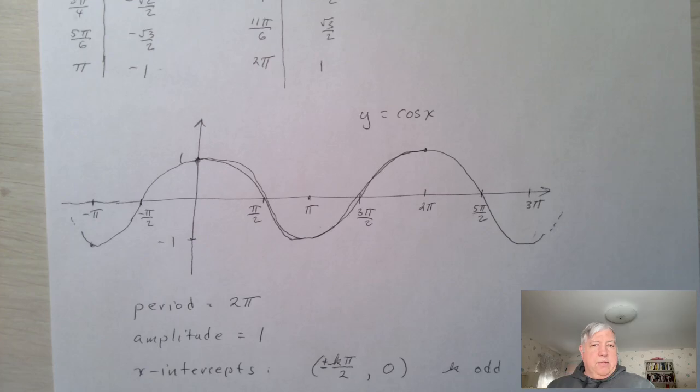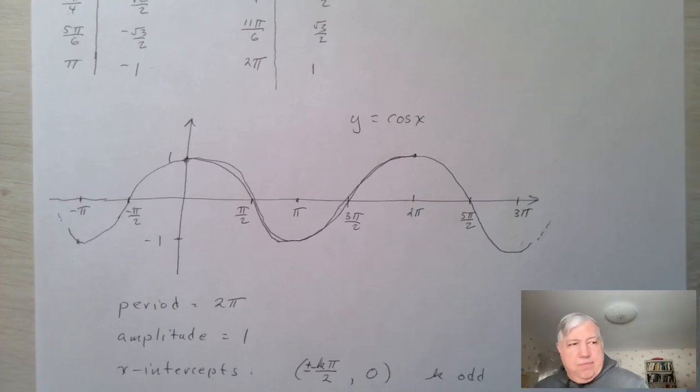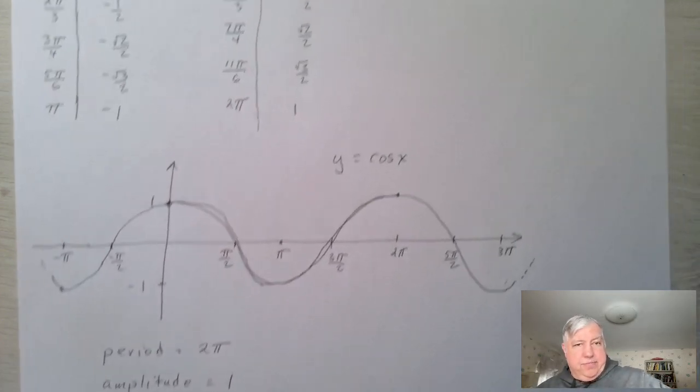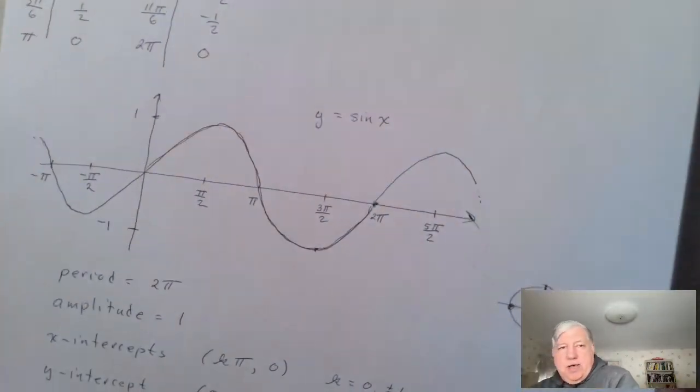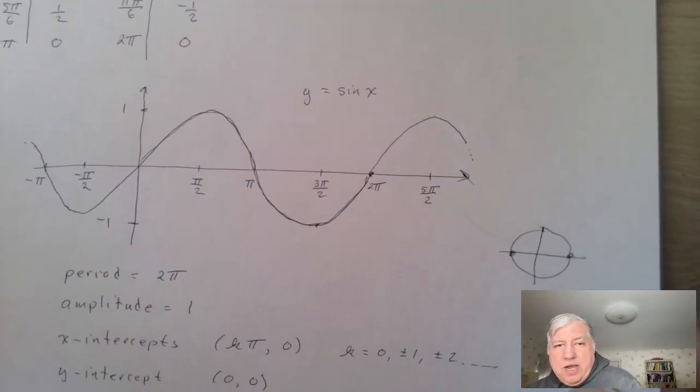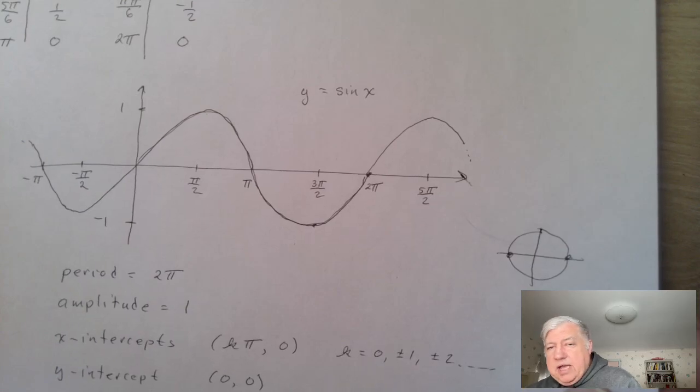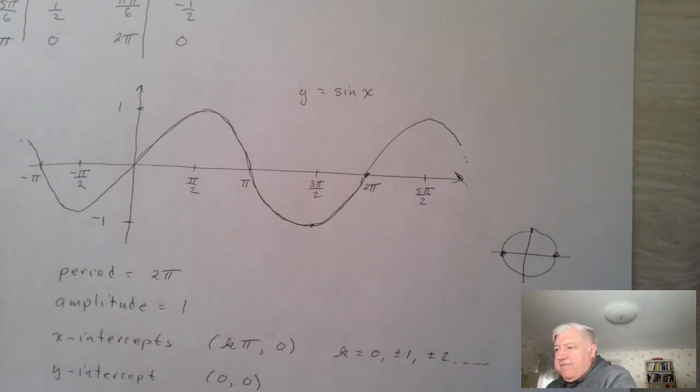Now you can see that the graph here of cosine and the graph here of sine look almost identical, except that they're slightly out of phase.